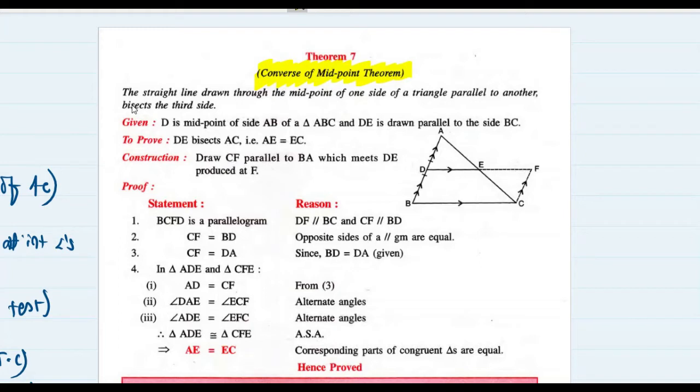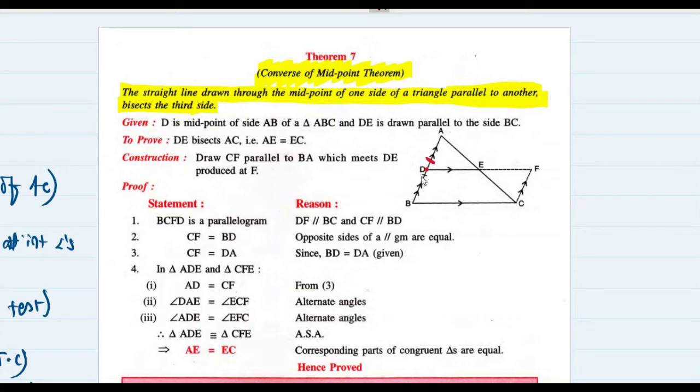What does it say? It says that the straight line drawn through midpoint of one side of a triangle parallel to another side bisects the third side. ये थोड़ा सा अलग है, इसलिए थोड़ा इस पे ध्यान रख देना जरूरी है. तो they have said that in this triangle ABC, D is the midpoint of AB. ठीक है.